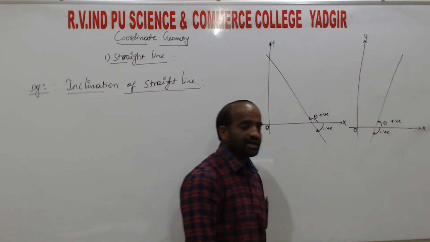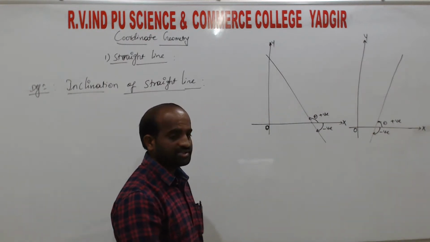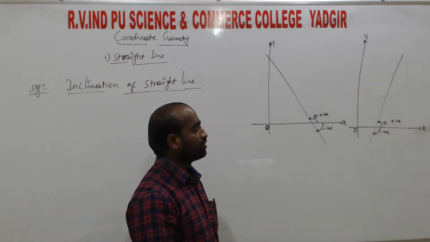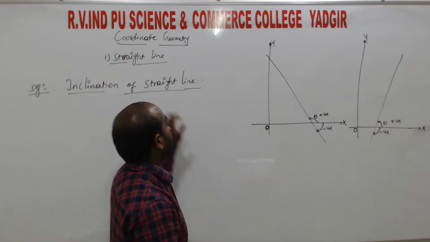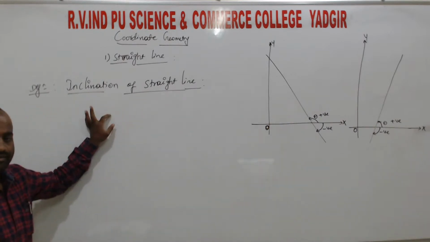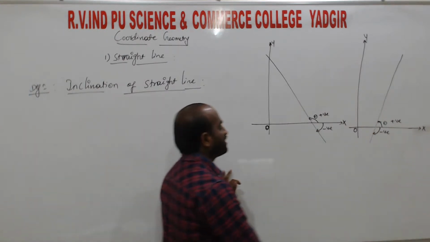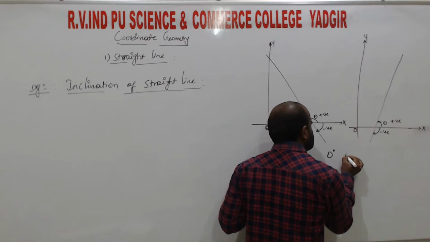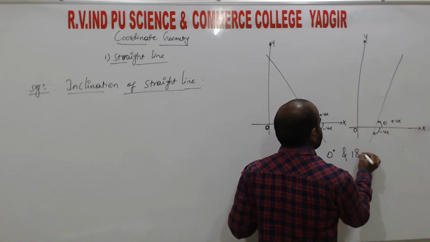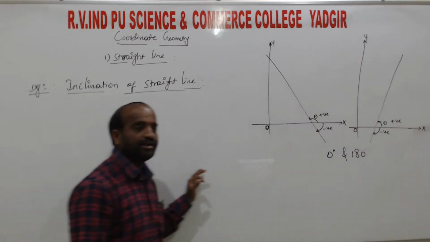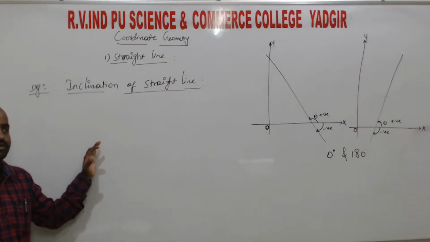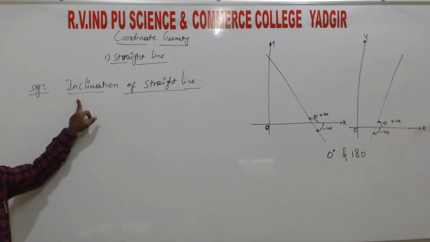This angle theta measured in the anti-clockwise direction is also known as the inclination of a line. The inclination of a line lies between 0 degree and 180 degree.